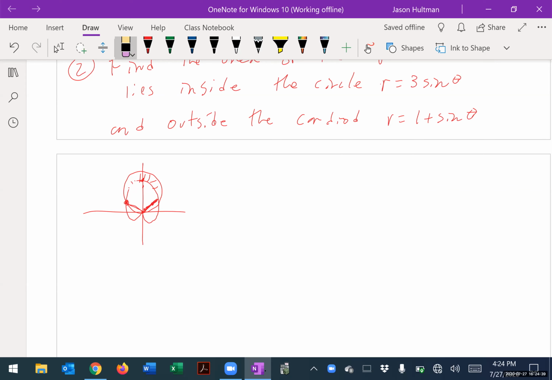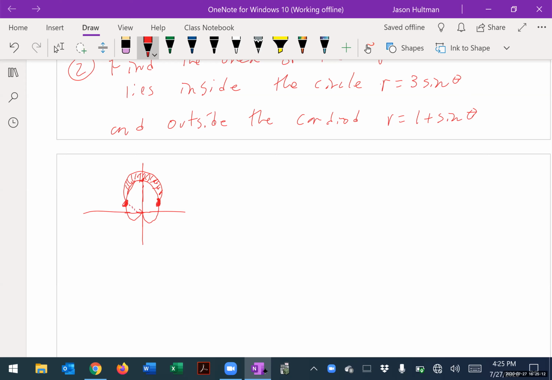Okay. So I've got this guy, and the area I'm looking for is inside here. And I just want to get my points of intersection here. Oh my gosh, why when I erase does it just take away everything? Do not take away everything here. Okay, I just want the points of intersection.